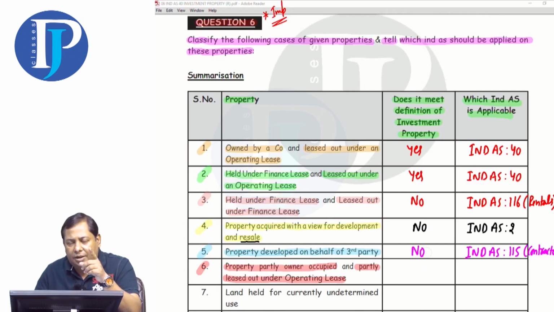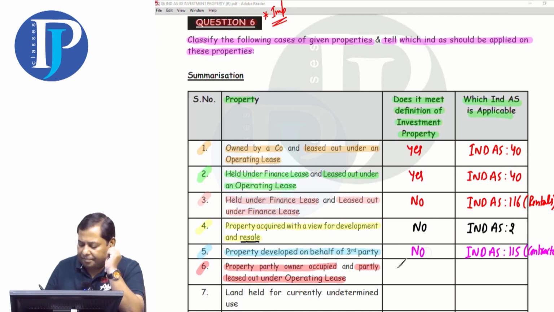If it's a mixed property, then 2 Ind AS will be applied. Ind AS 16 will be applied on the owner-occupied part, and Ind AS 40 will be applied on the let out part.